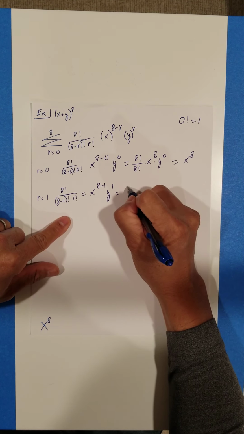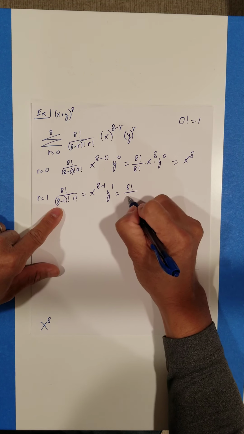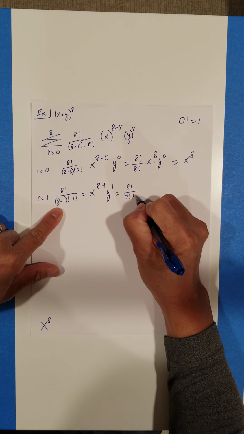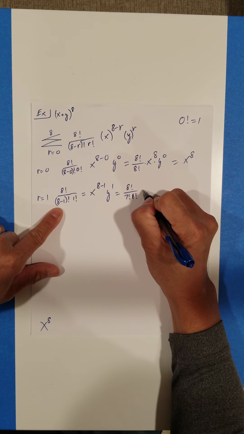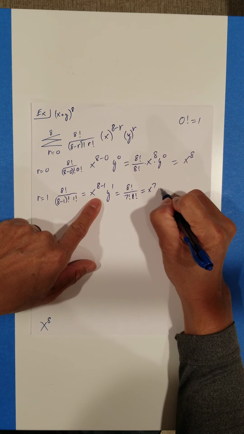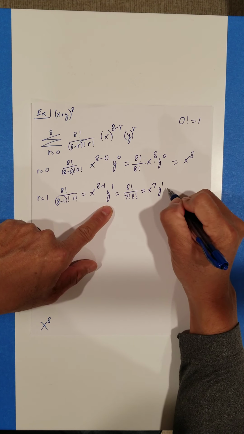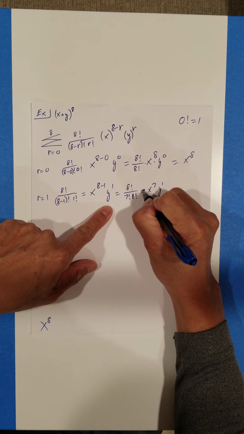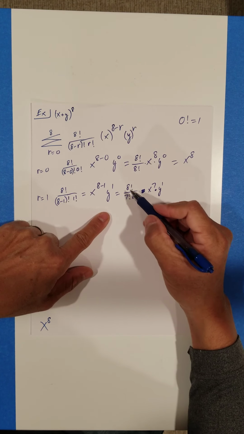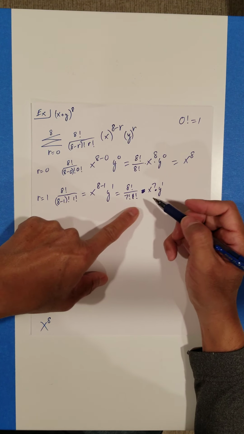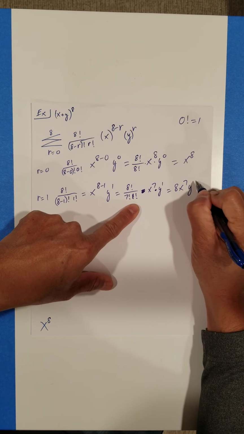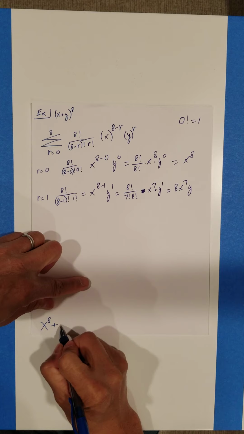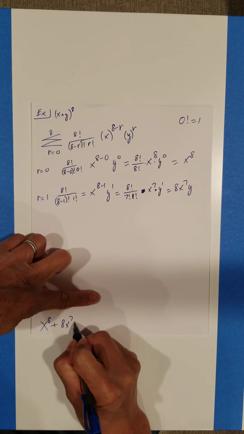So on top you have 8 factorial, on the bottom 7 factorial, 1 factorial, and then x to the 7th and y to the 1. Now what's 8 factorial divided by 7 factorial, 1 factorial? That gives you 8x to the 7th y. So plus 8x to the 7th y.